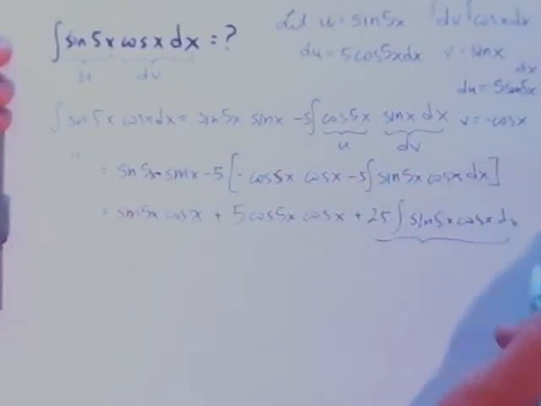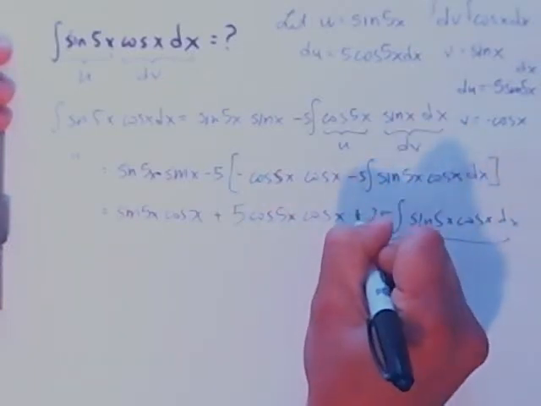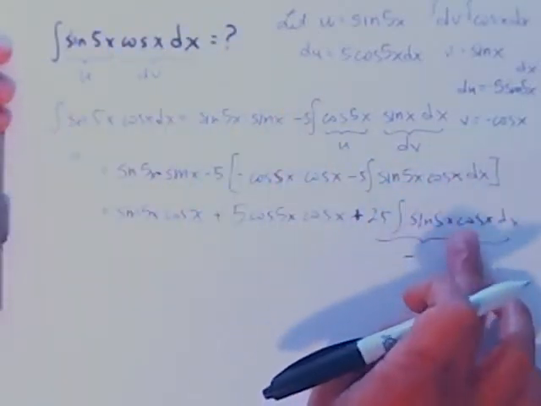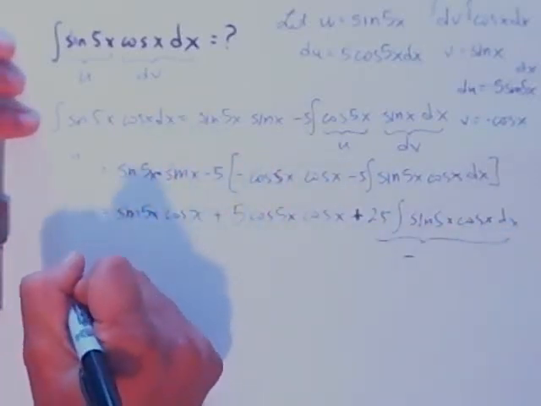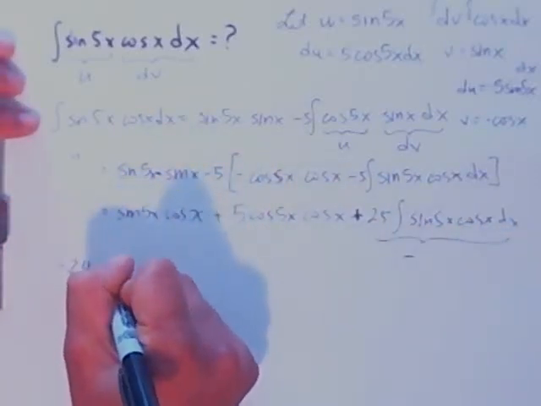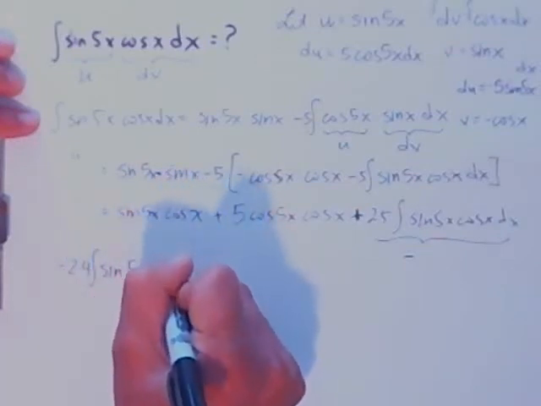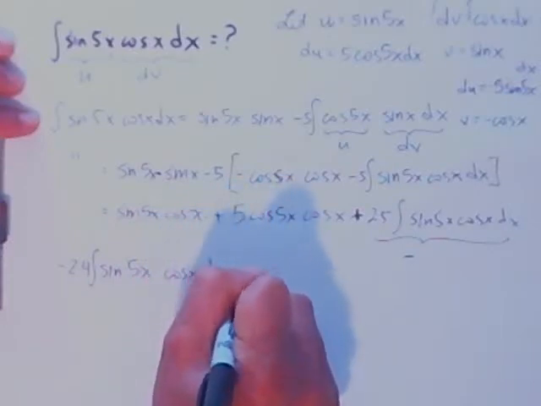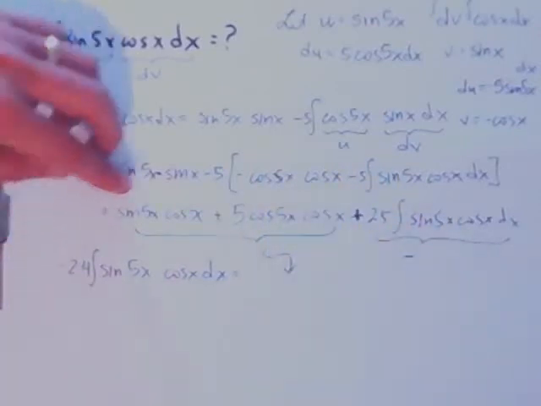So what I'm actually going to do with this is subtract this term right here, because there's a plus right there. I'm going to subtract 25 times the integral of sine of 5x cosine of x dx. On the left side, I'm going to end up with negative 24 times the integral of sine of 5x cosine of x dx, equal to, on the right side, I'm going to end up with this.